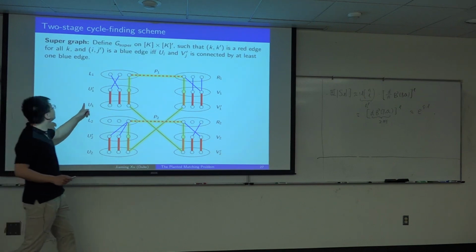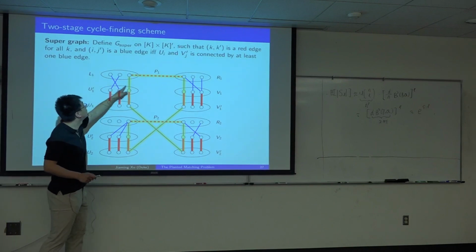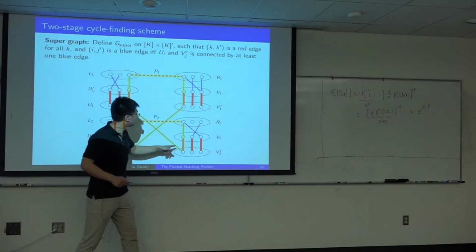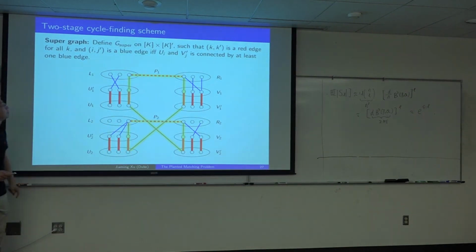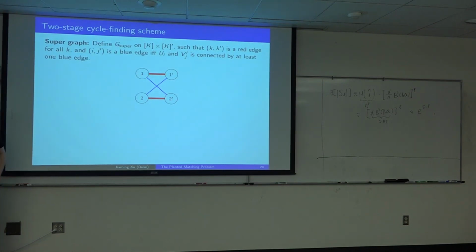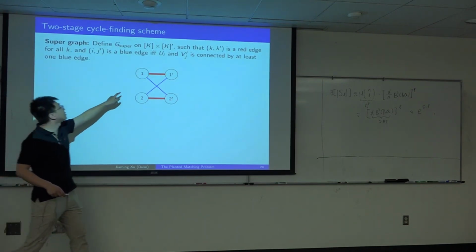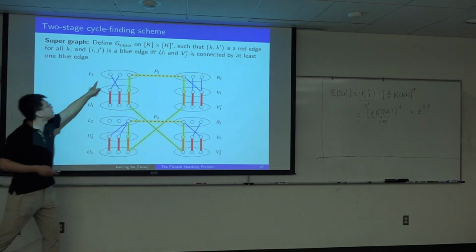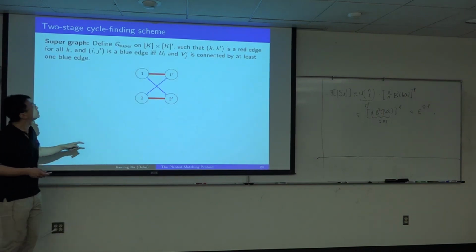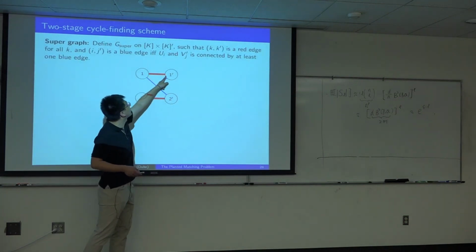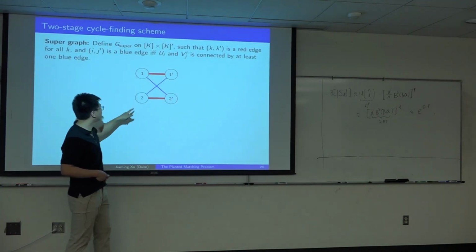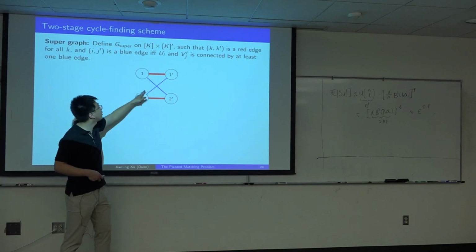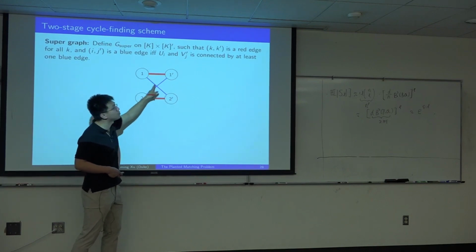I'm going to consider this as a whole, and this as a whole, and this as a whole, and this as a whole. So I will have this kind of graph. This one just means this entire part, and then 1 prime. There's already an augmenting alternating path connecting them. Similar thing for 2 and 2 prime. The only thing missing is this 1 to 2 prime and 2 to 1 prime.